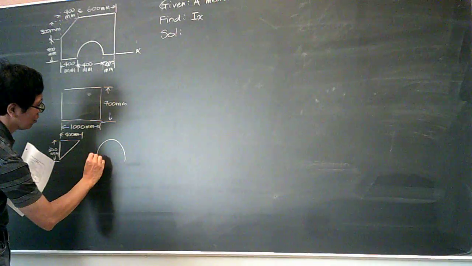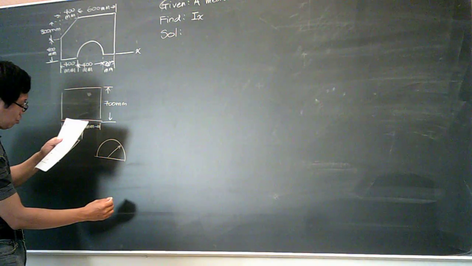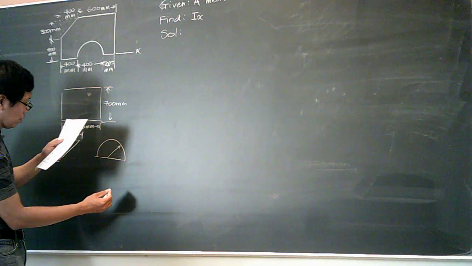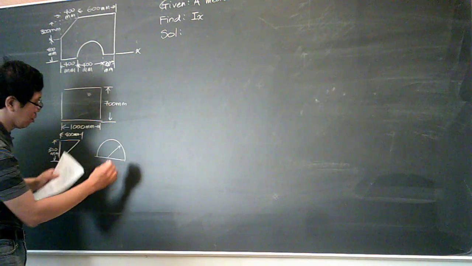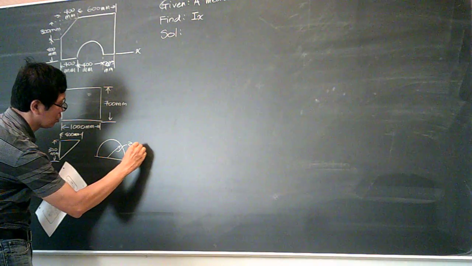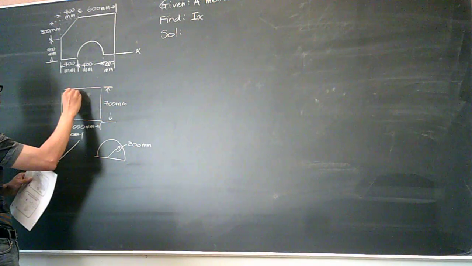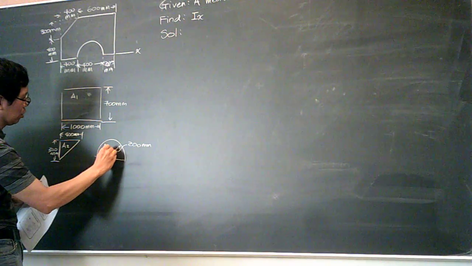Another one is a semicircle, whose radius is 200 millimeter. 100 millimeter. I will name these A1, A2, A3.